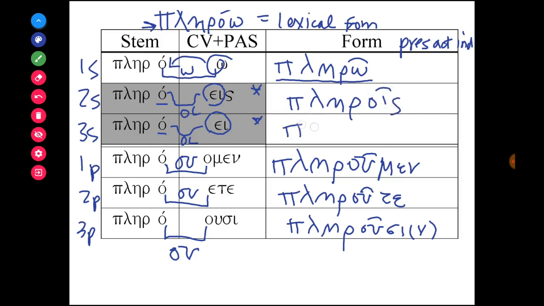And to say he, she, it is completing, it's pleroi. And so let's go over the present active indicative of plerao. Let's say it together. Ready, 1, 2, 3. Plero, plerois, pleroi, plerumen, plerute, plerusen. And that completes the present active indicative form.